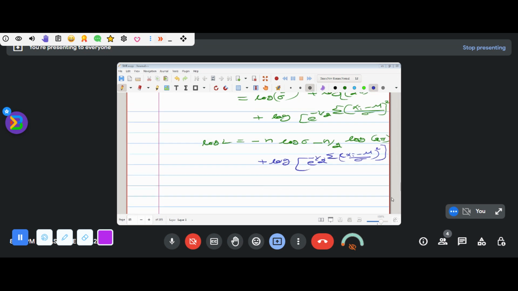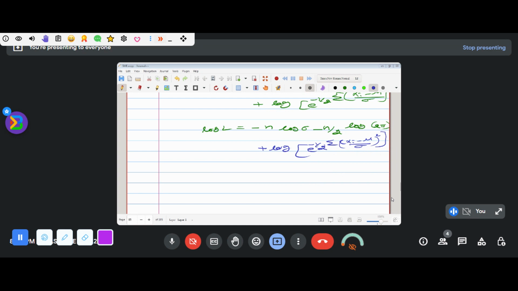This is the one part. Now what is the rule of maximum likelihood? You take the logarithm, then you want to take the first derivative. So the first derivative, that means dou of log L divided by dou, first case is mu, we want to find mu while sigma square is known.